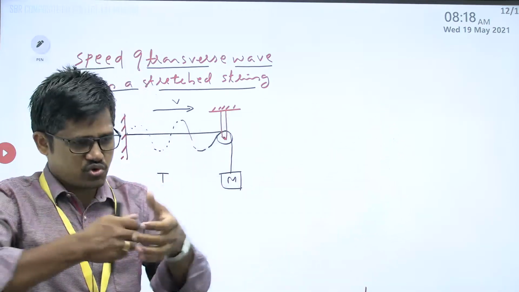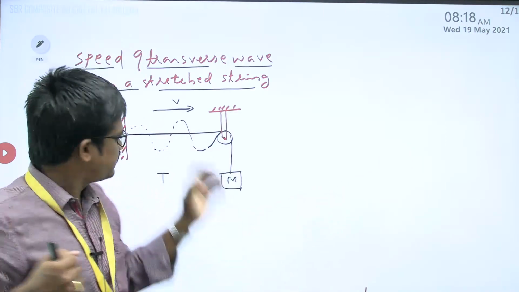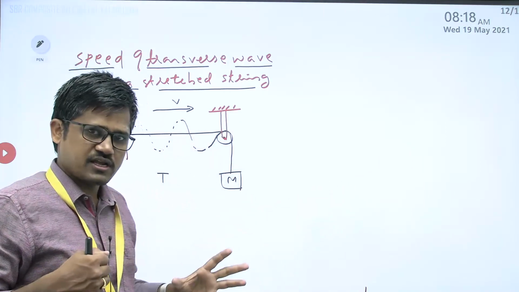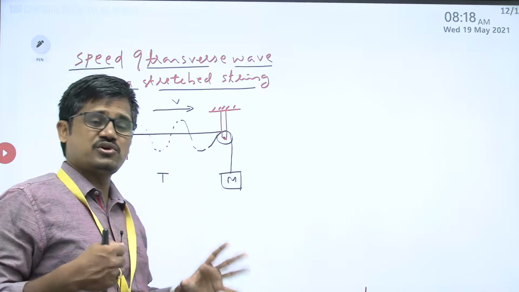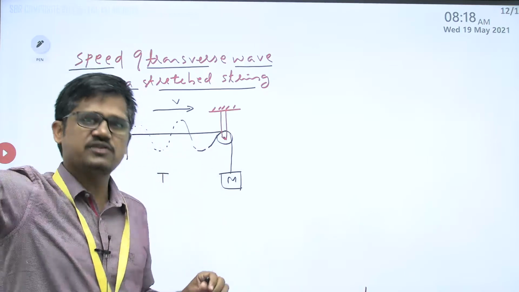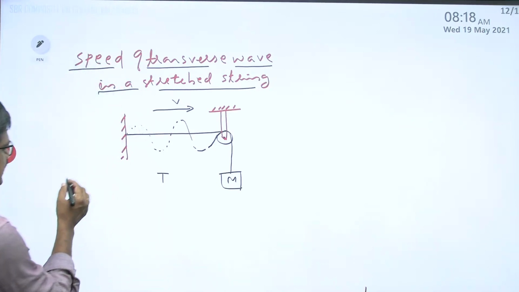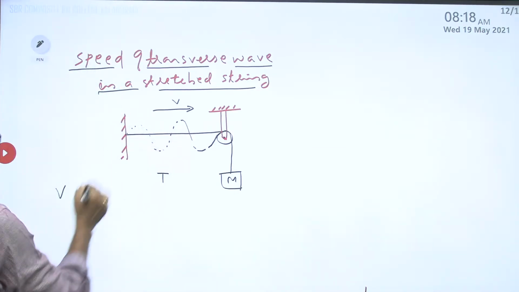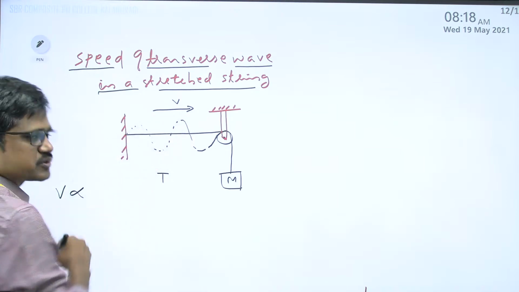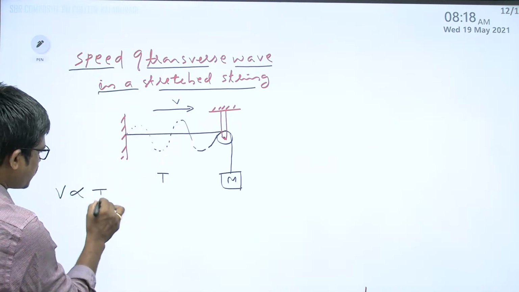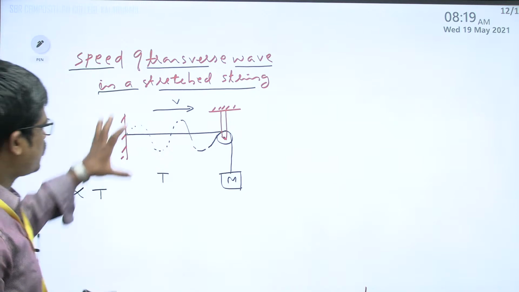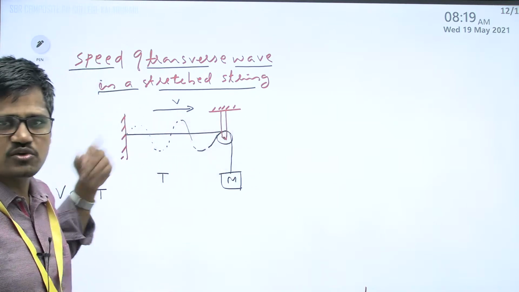The more the tension, the more tightly the string is taut, then when you pluck it here, the wave will move suddenly. Therefore, the velocity of the transverse wave in the string is directly proportional to tension. The more tightly it is connected, the more the velocity.